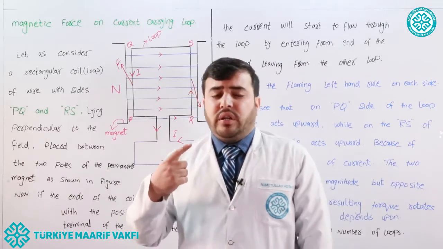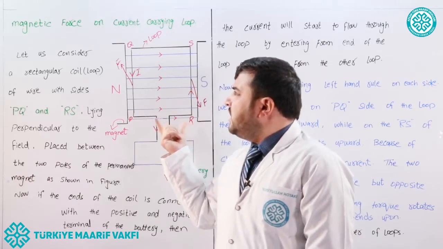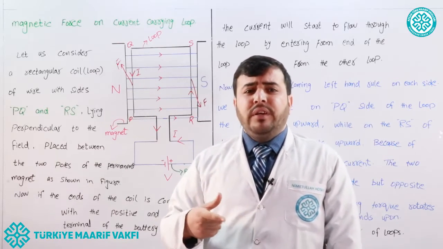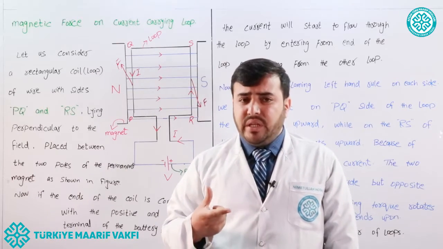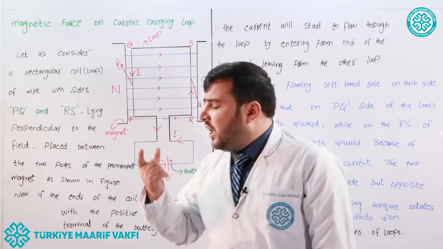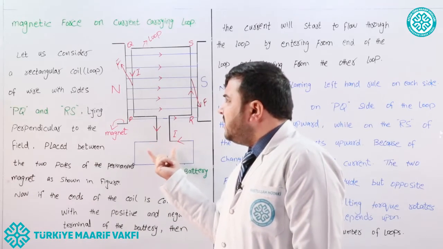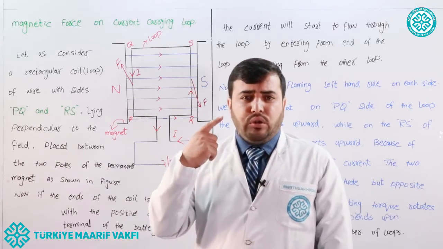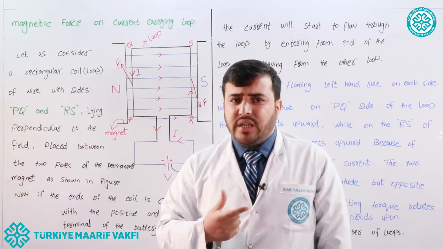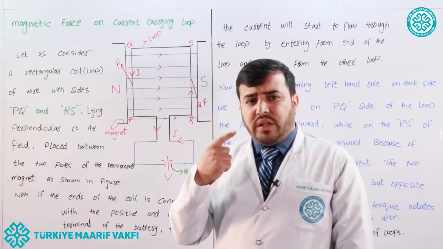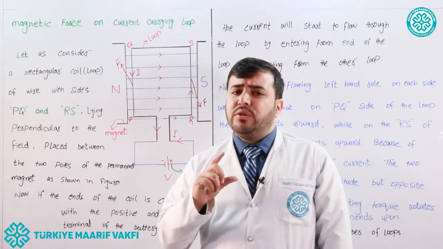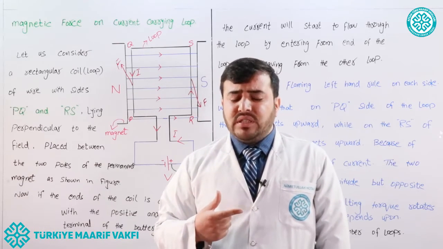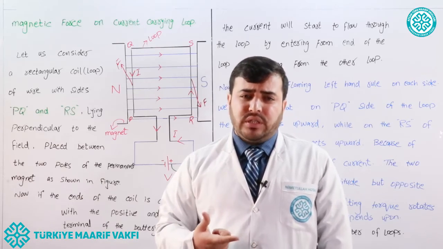And one thing more, this was the basic foundation for the discovery of electric motors. Electric motors also work on this principle. We place a loop inside the magnetic field, and when the current flows through this loop, it will rotate. This is also the basic working principle of electric motors.